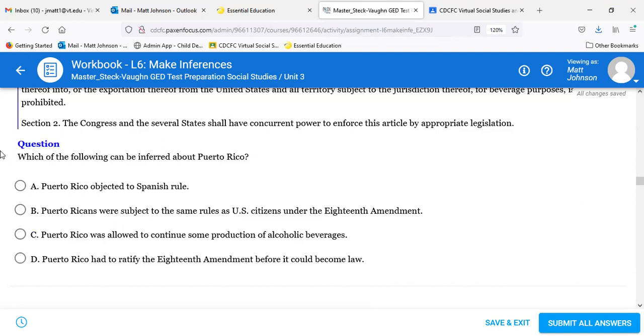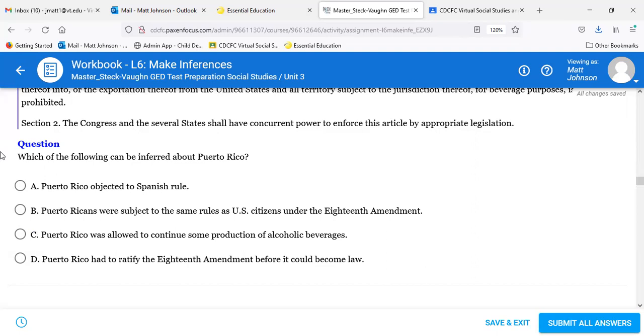Okay, question 5. Which of the following can be inferred about Puerto Rico? A. Puerto Rico objected to Spanish rule.